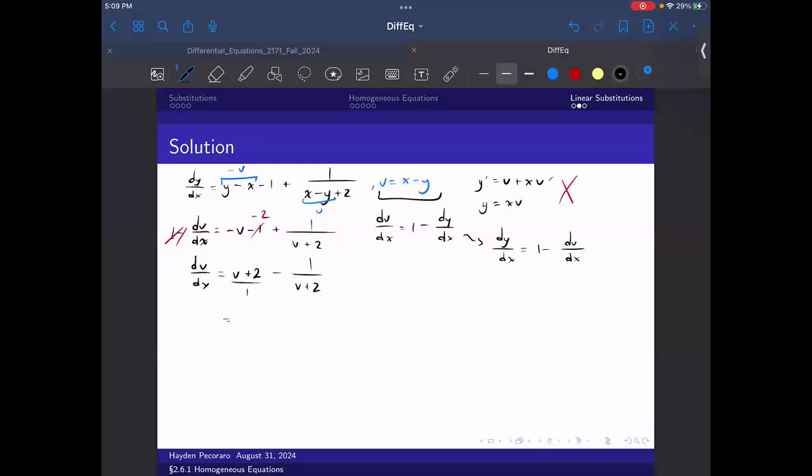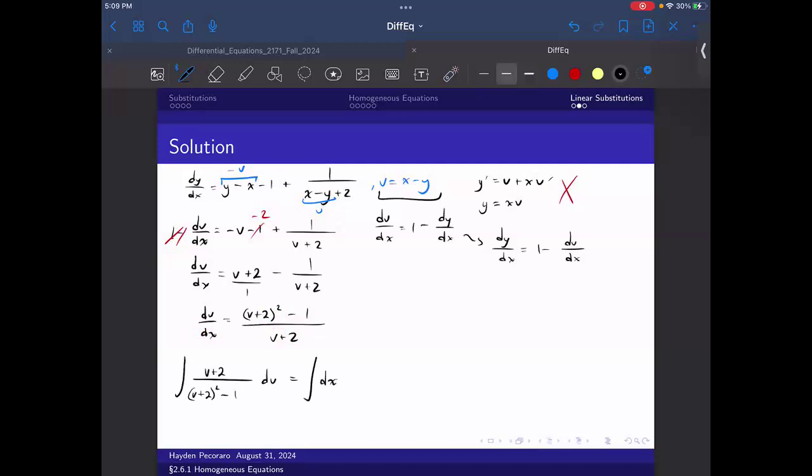This is really v plus 2 over 1. And so that'll give me (v plus 2) squared minus 1 over v plus 2 if I find a common denominator. And now this is a function of just v. There are no x's appearing anywhere else, so this is separable, and we can write it as (v plus 2) over ((v plus 2) squared minus 1) dv equals dx.